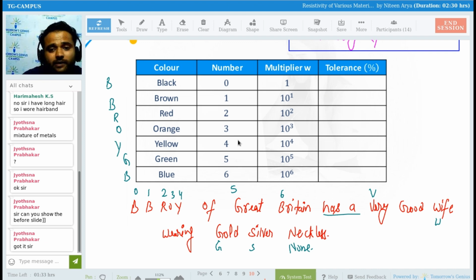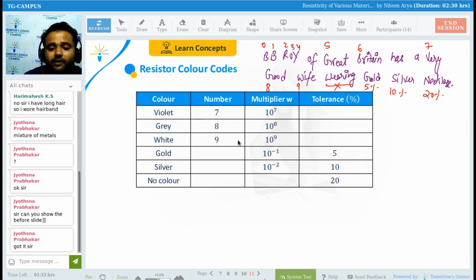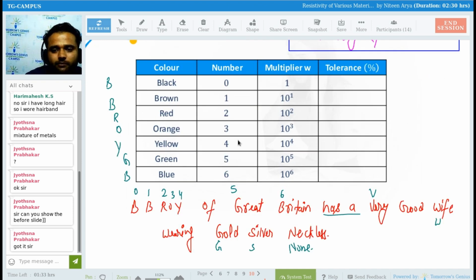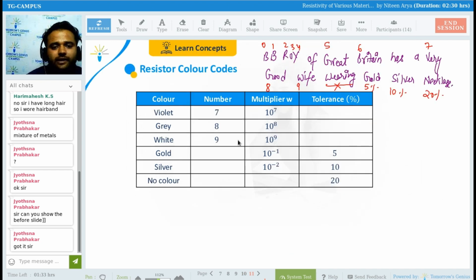And for the multiplier, obviously it is a multiple of 10 to the power 1, as you can see in this: 10 to the power 1, then 10 to the power 2, 3, 4, 5, 6, 7, 8, 9, 10 to the power minus 1, 10 to the power minus 2.